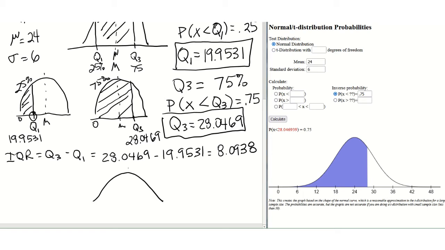So on my graph, I have my middle value here. That's my M. Then I have my Q3, which is at my 75%. My Q1, which is at 25%. This value in between here, this difference, this is my 50%.